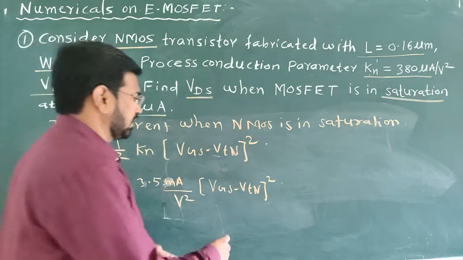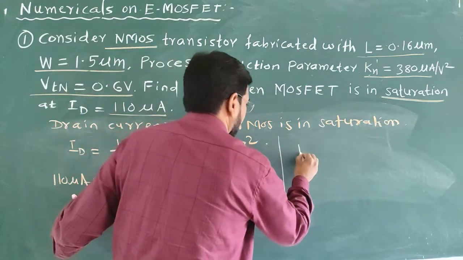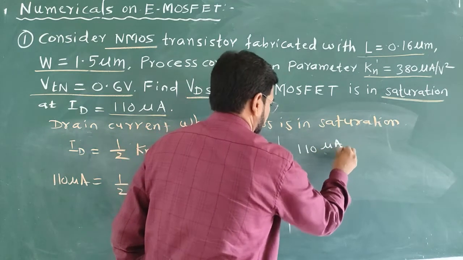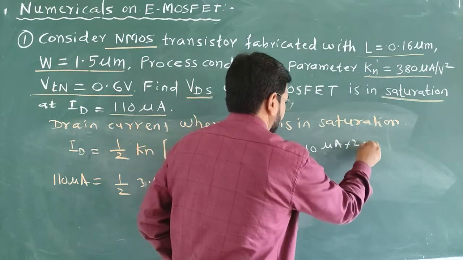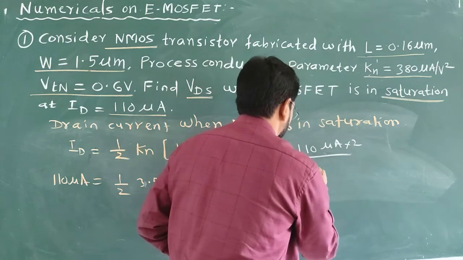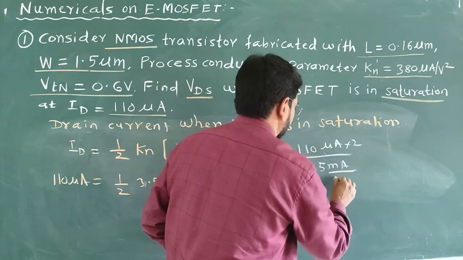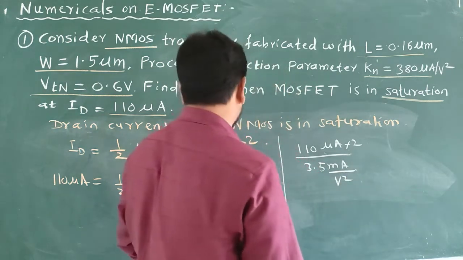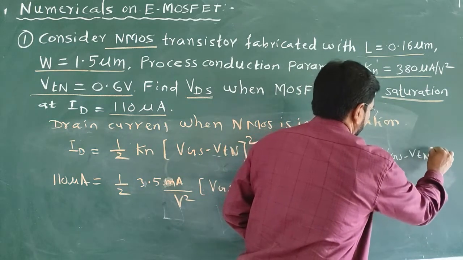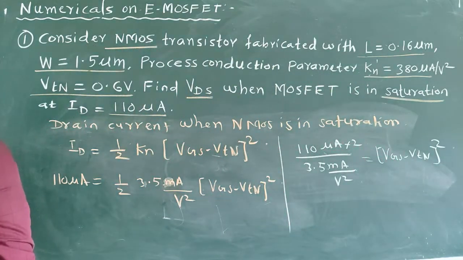If you simplify this, we get 110 microampere multiplied by 2 and divided by 3.5 milliampere per volt square, equal to (Vgs minus Vtn) whole square.